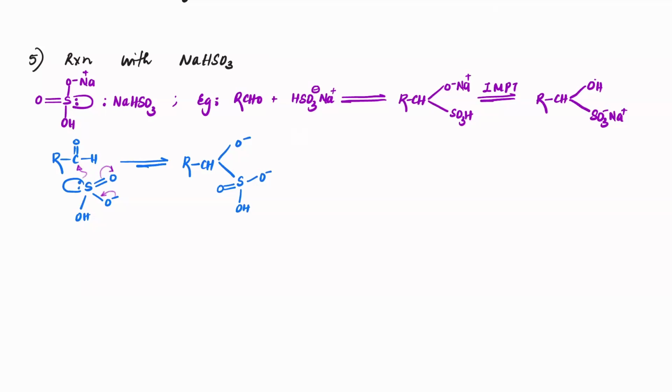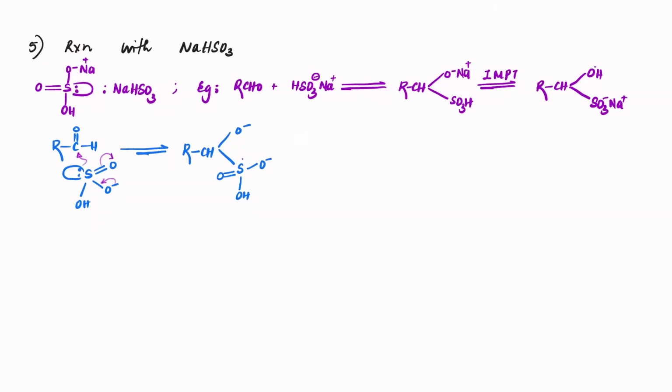Sorry. So sulfur is getting a positive charge here because it is donating. So that makes this group a double bond O. That means it will convert into RCHO minus, S double bond O, double bond O and OH, like a sulfonic acid.